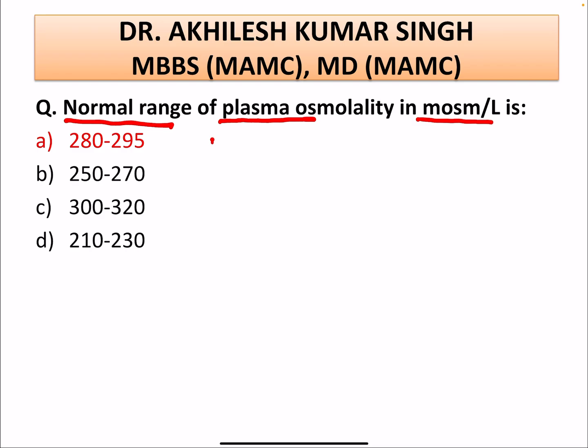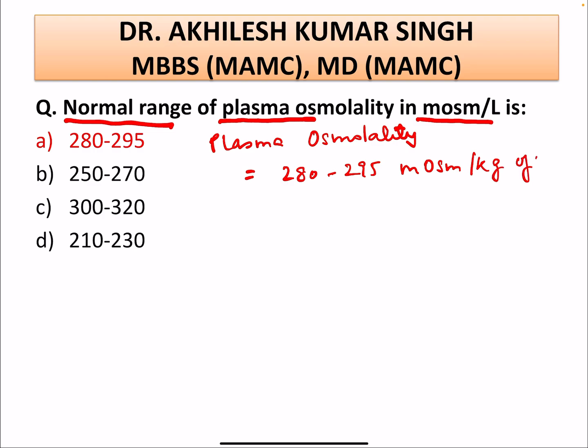So remember this, that the plasma osmolality value is equal to 280 to 295 milliosmoles per kg of water.